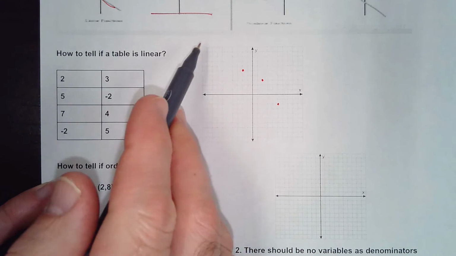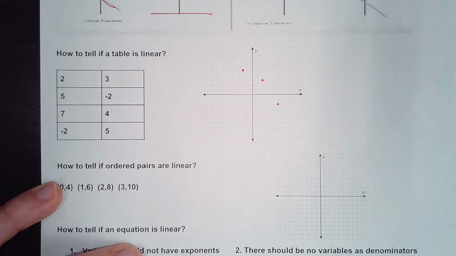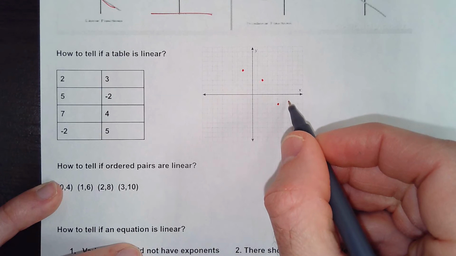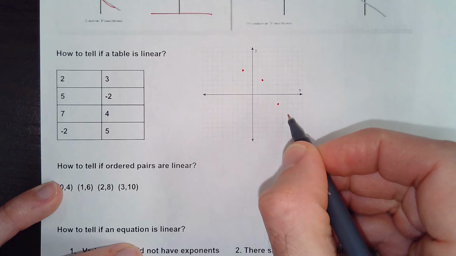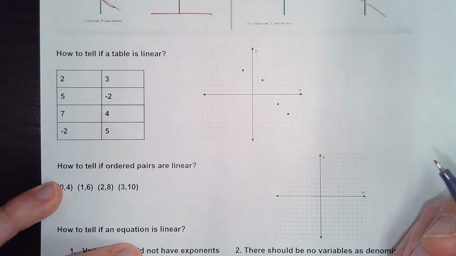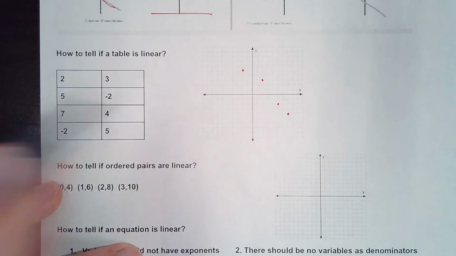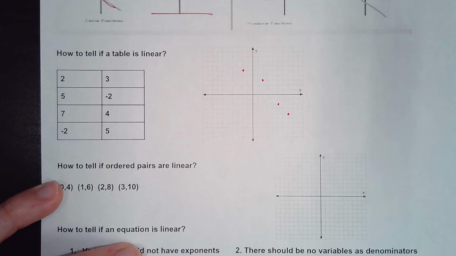So already right there I can tell I can't draw a straight line and connect those three. But here's 7, 4 would be right here. So there's no way I could draw a straight line and connect those. So that would be what we call non-linear.